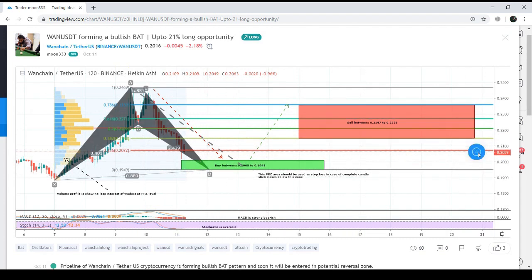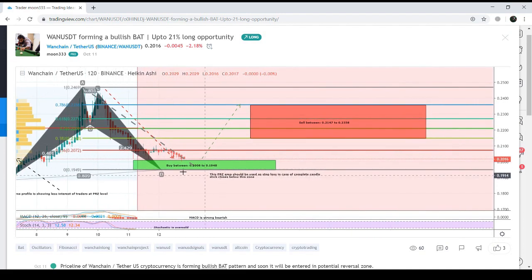And now, after playing this idea, the price action has entered this potential reversal zone. So this trade is still active and in process. You can enter in this trade because now the price action has entered and has completed the final leg of bat pattern. So it can take the bullish divergence at any time and hit the sell zone very soon.